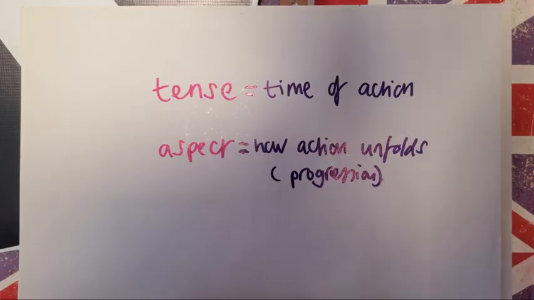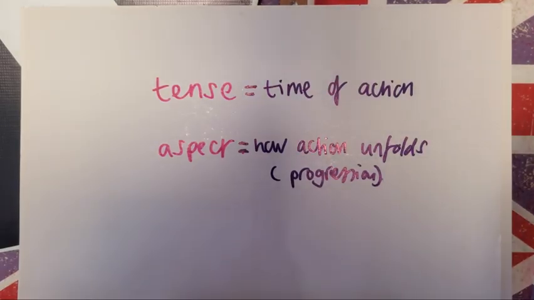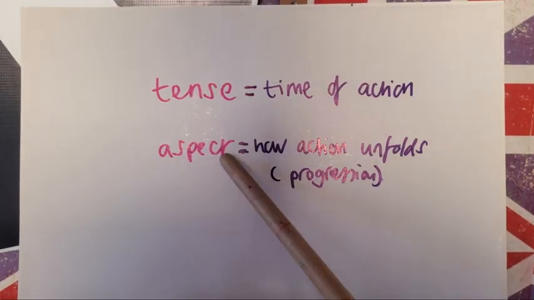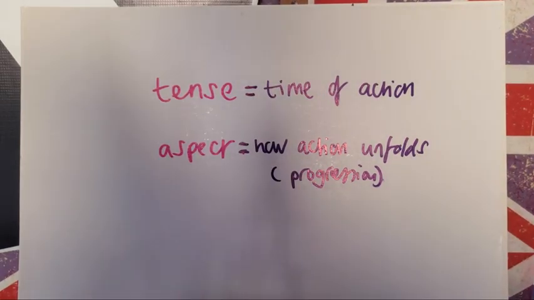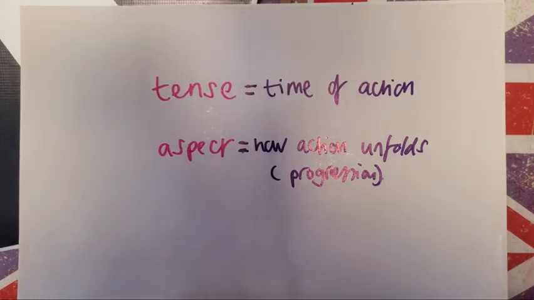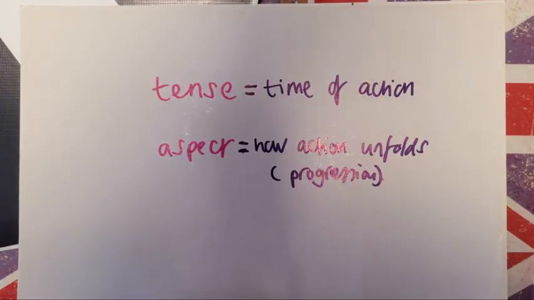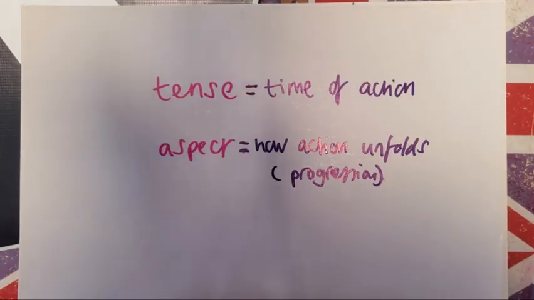So, tense is the time. In traditional grammar, which is what I teach you, it's either the past or the present, and then you have aspects of that. I break that down, okay? So if you say I walked, it's past. Caminé, I walked. But if I say I was walking, that's also in the past.